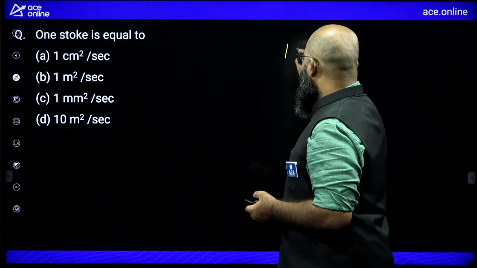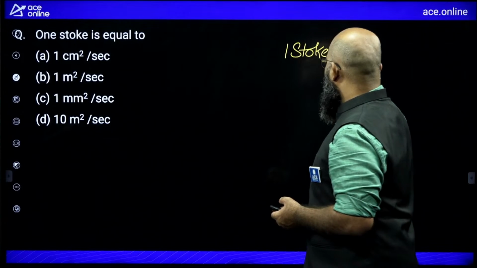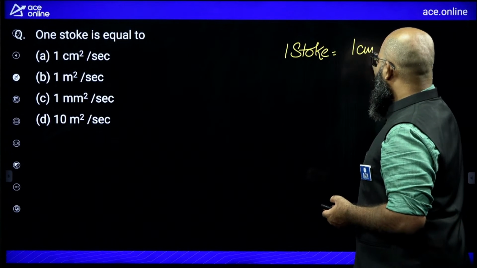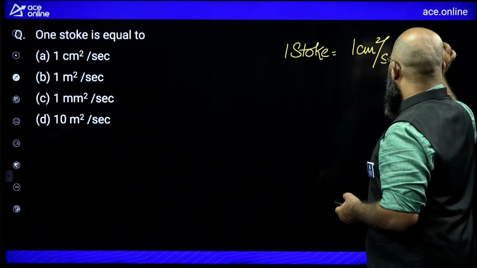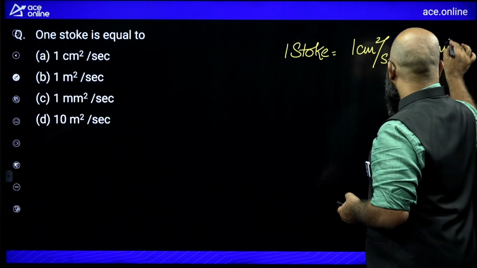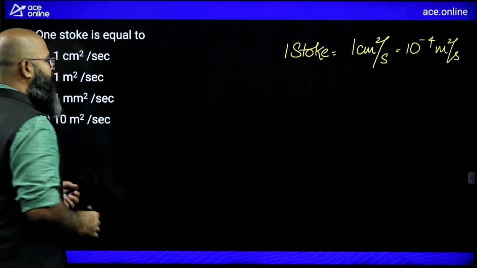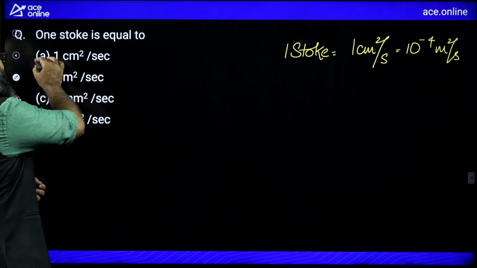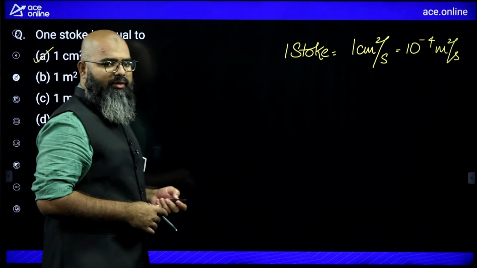The value of 1 Stoke is equal to 1 centimeter square per second, and that is equal to 10 power minus 4 meter square per second. This is the value. So the answer over here is 1 centimeter square per second. Option A would be the correct answer over here. I hope this is clear to all of you.